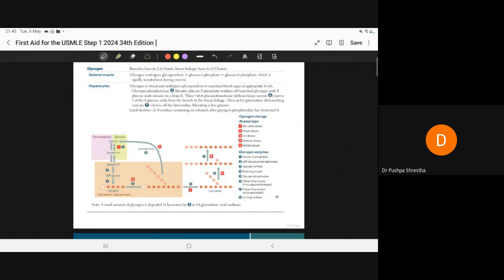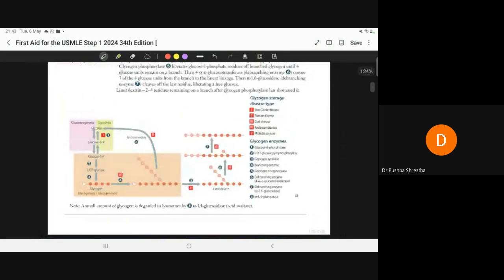Okay. So what happens is your glucose comes in, and your glucose can be converted into glucose 6 phosphate, and from this glucose 6 phosphate you can convert it into glucose 1 phosphate, and from glucose 1 phosphate you convert it into UDP glucose, and this UDP glucose can be converted into glycogen.